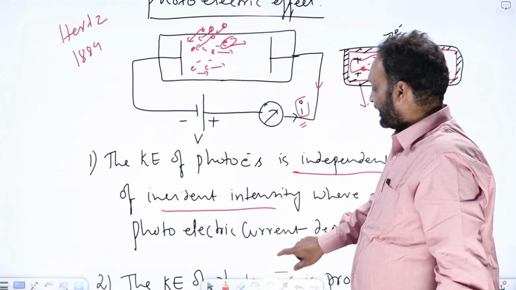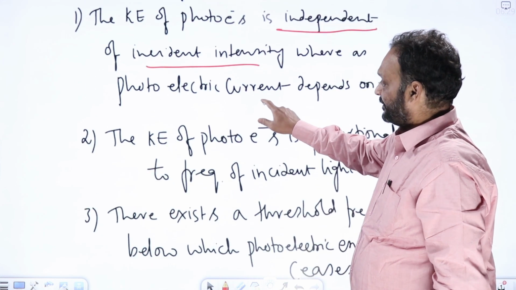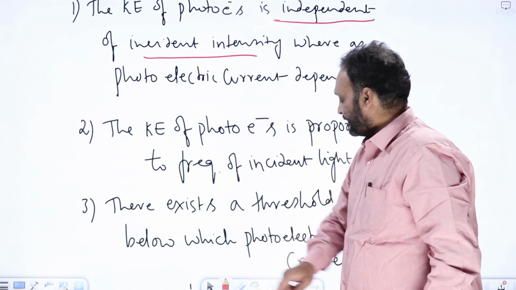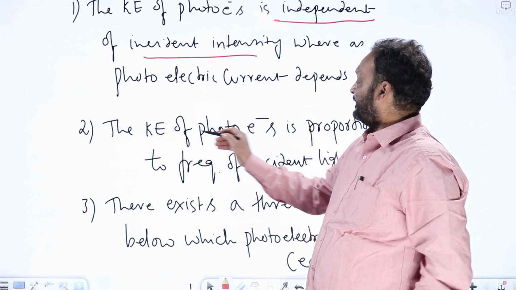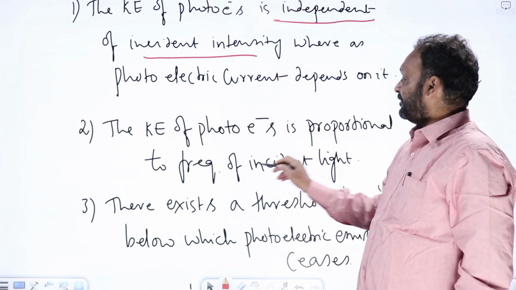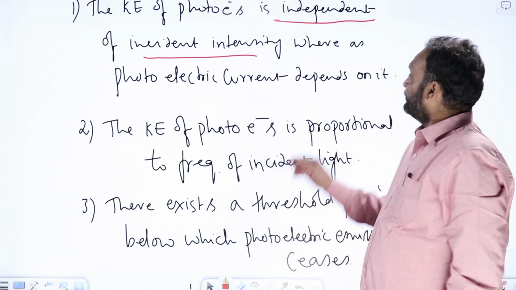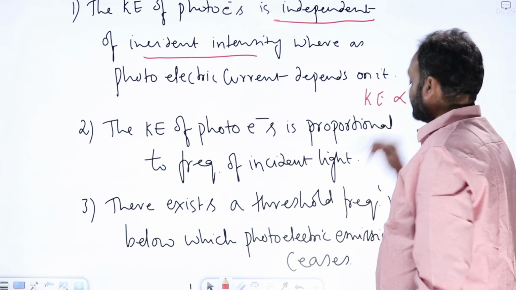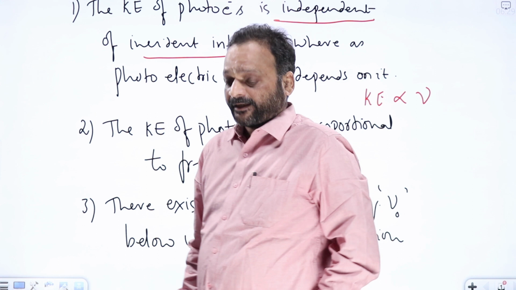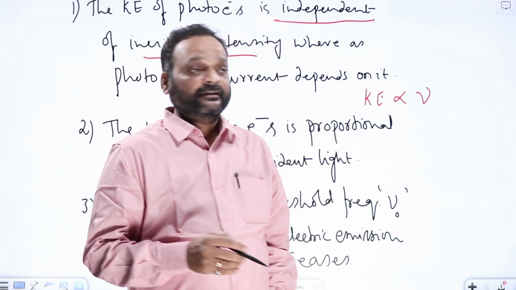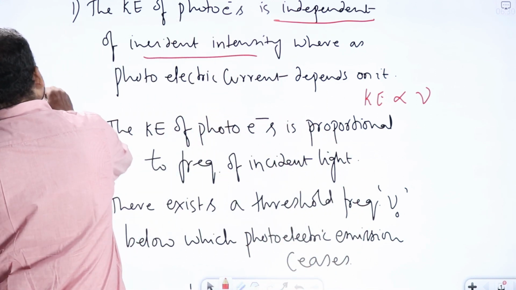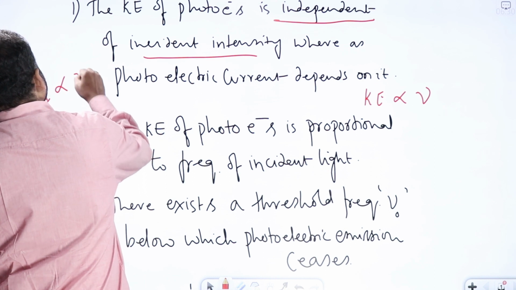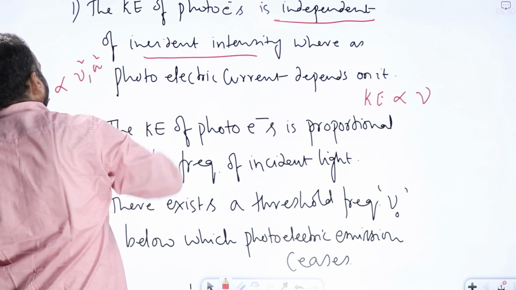Next, we go to the second salient feature of the observed aspects of the photoelectric effect: the kinetic energy of photoelectrons is proportional to the frequency of incident light. According to classical wave theory, the intensity or energy of a wave is proportional to the square of the amplitude.